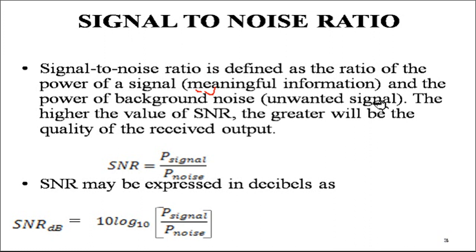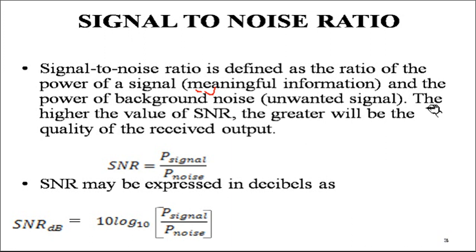We know that noise is always added into the communication channel. So signal to noise ratio is the ratio of signal power, the meaningful signal, divided by the noise power, the unwanted signal. As we always say, noise is an unwanted signal which usually enters the communication channel.